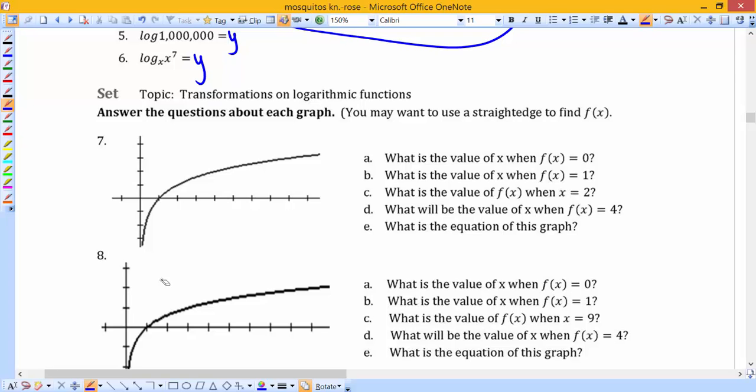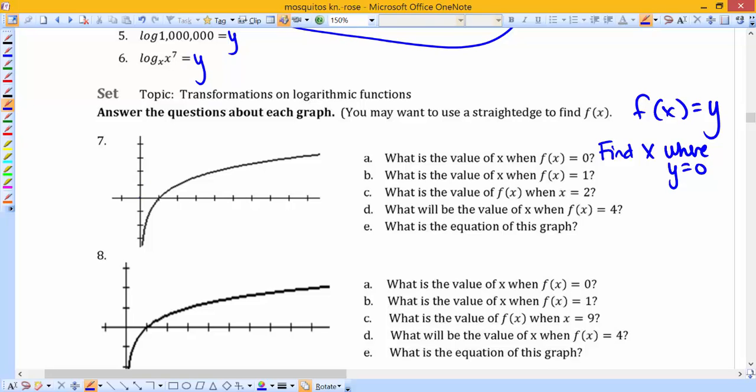You should be able to analyze a graph by looking at it. Don't forget, f of x always equals y. So in A, when it's asking me, what is the value of x when f of x equals 0? I want to find x where y equals 0. That's what I'm looking for.